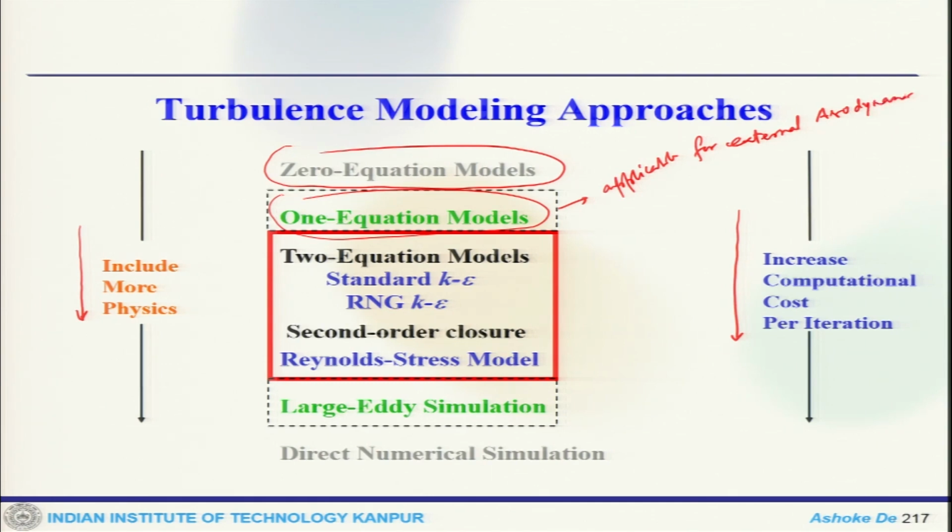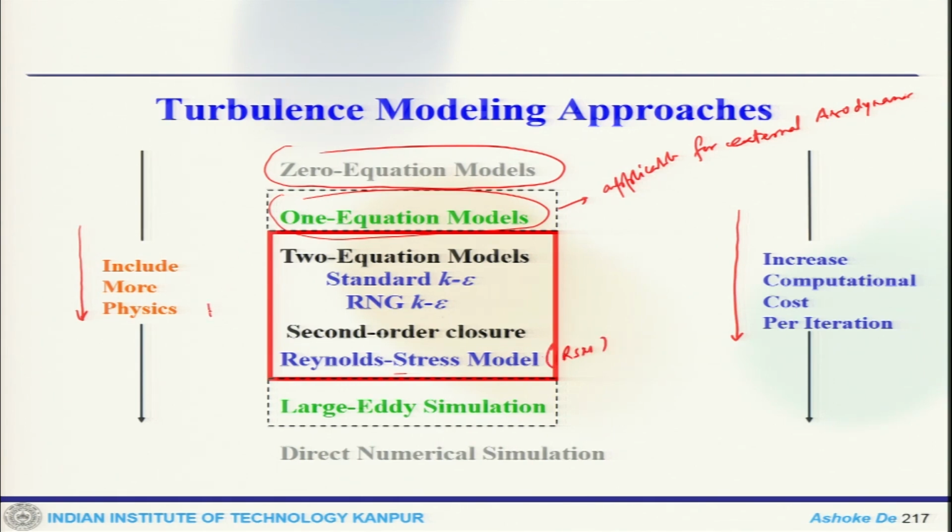Then the second layer of complications is the series of two equation models, like standard K-epsilon model, RNG K-epsilon, SST K-omega. There are a series of two equation models which could be used, and then we can look at the Reynolds stress model, which uses second order closure, where the individual transport equations for the Reynolds stresses are solved in this RSM model.